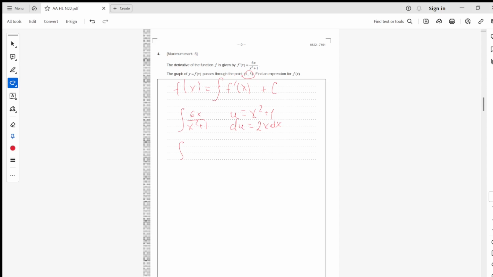And then we get 3 divided by u, which is equal to 3 natural log of u, with the 3 put up front. Of course, plus c. And we can put x squared plus 1 instead of u.